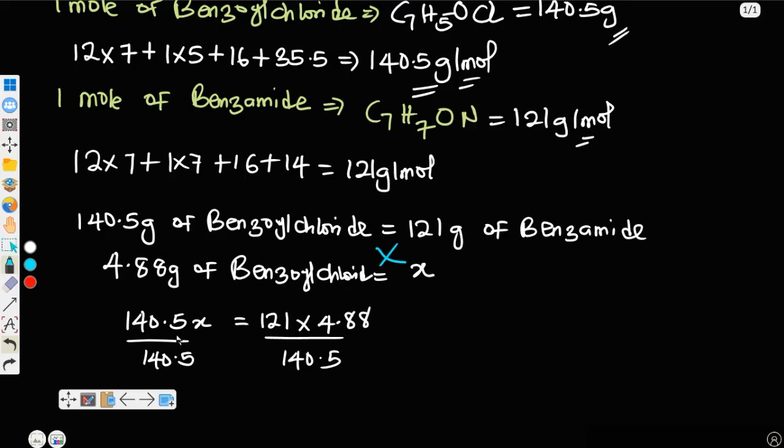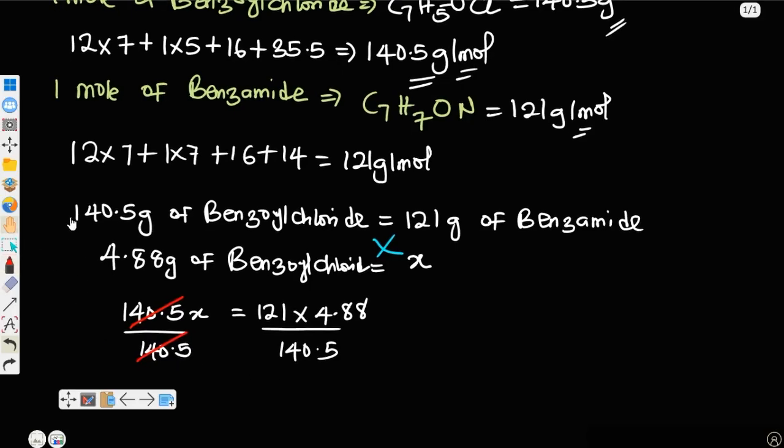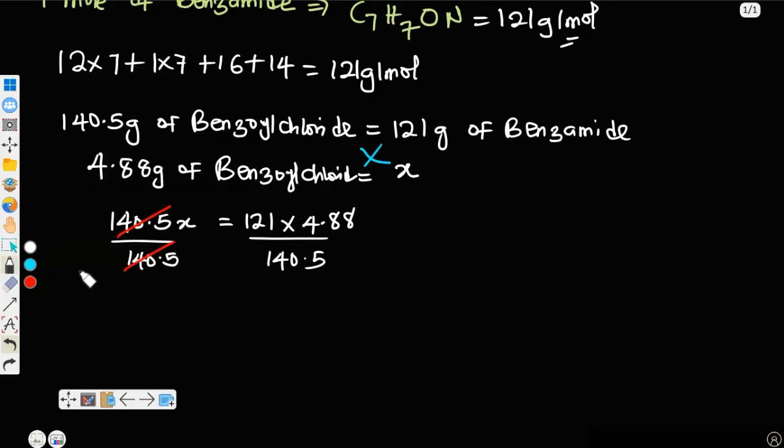Is that okay? So that at the end of the day, when this cancels this, X will be equal to 121 times 4.88, which is 590.48, divided by 140.5, which is equal to 4.20 gram.